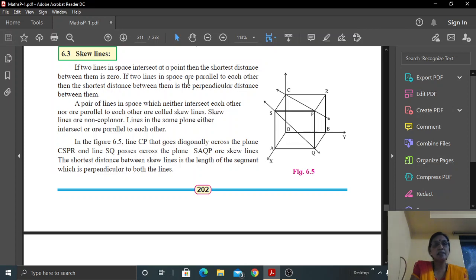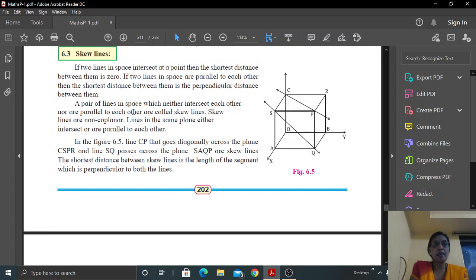And if two lines in a space are parallel to each other, then the shortest distance between them is the perpendicular distance between them. Now we know the intersection of lines and parallel lines. Let us see what these skew lines are.